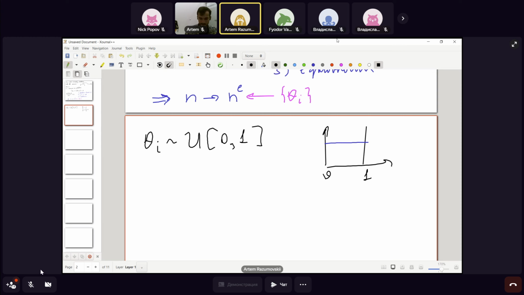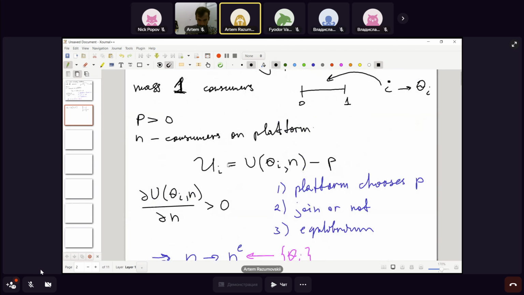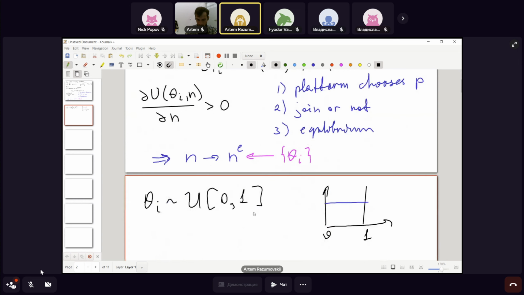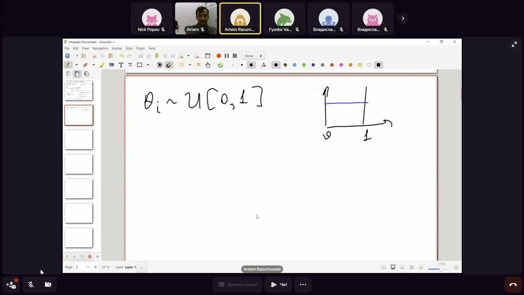And then we need to specify our utility function. Because we have it in general, here we don't know what U is. So then let's think about different types.